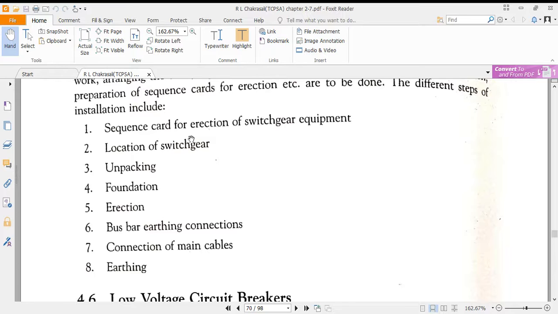Sequence card means what first and what next. Location of the switchgear, by looking at the drawing, it has to be properly located. Unpacking, foundations, erections, bus bar earthing connections, connecting with the main cables, and taking care of the earthings.